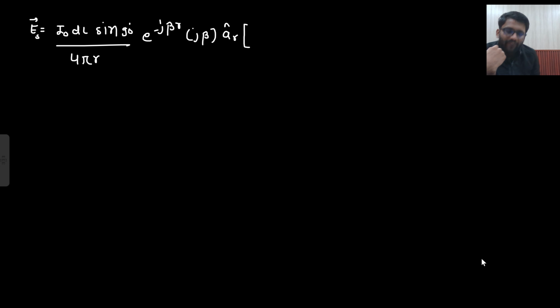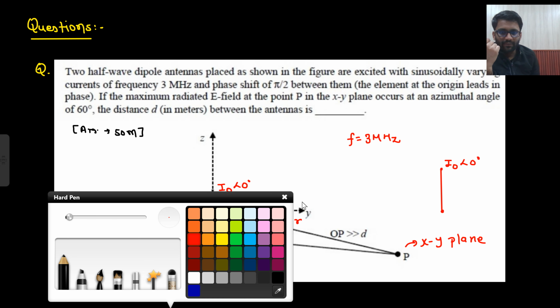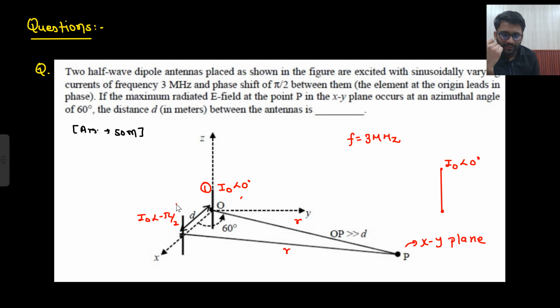Now I need to write down the array factor. For the array factor, first I will see the location of both of the antennas. This is here, another one is here, and my imaginary antenna is at the origin. I will treat this as antenna 1 and this as antenna 2. First I will see the phase of the current.